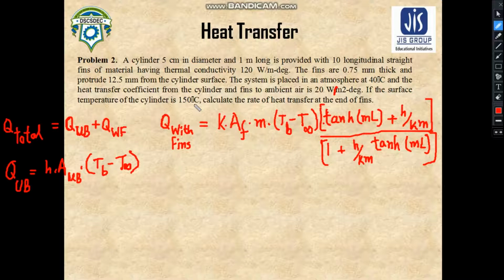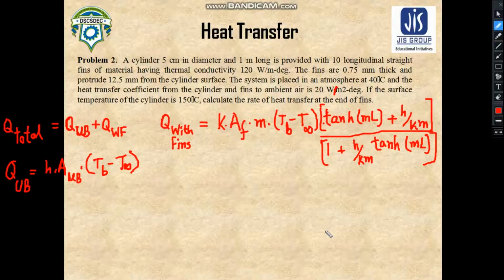So from this equation we have two boundary conditions. The first boundary condition is at x equal to 0, theta is equal to theta b. That means at the base the temperature is equal to theta b. So you can start with that boundary condition, and for the second boundary condition, the heat transfer rate via conduction should be equal to the heat convection transfer rate.